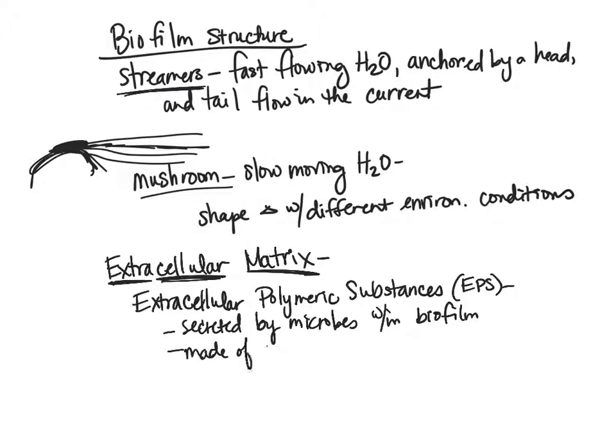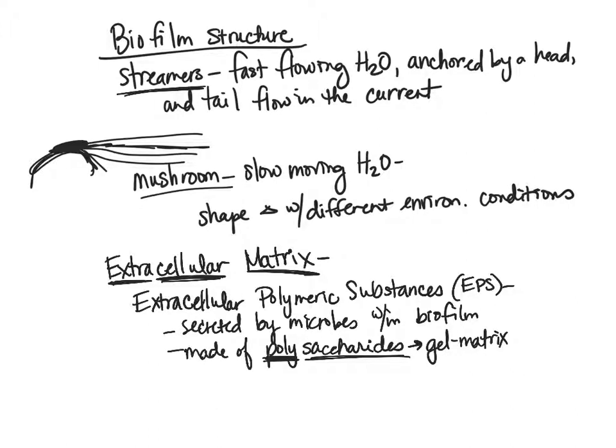So we have polysaccharides that are extruded or secreted by these microbes, and then it forms a matrix. So polysaccharides, poly meaning many, and then saccharides meaning sugars. So these long chains of sugars are going to be secreted by these microbes, and they'll create a kind of netting. And what this ends up looking like and being like is a gel matrix.